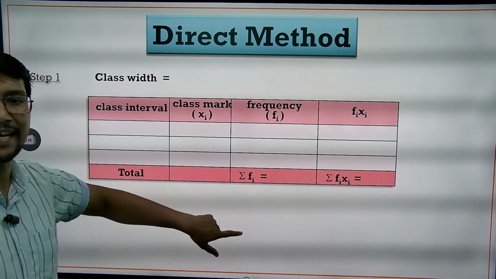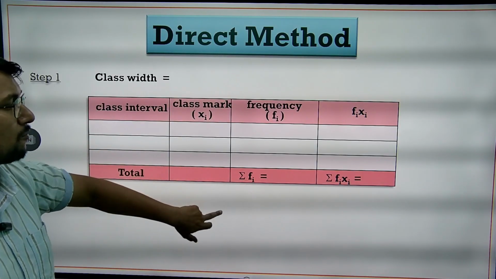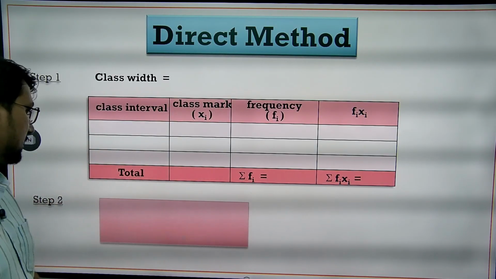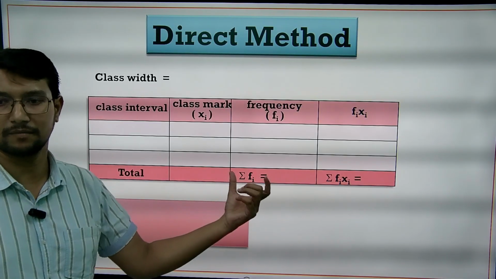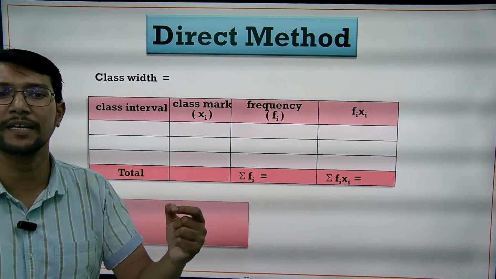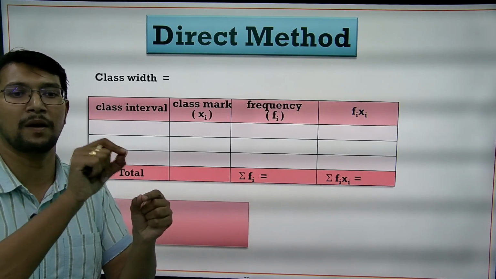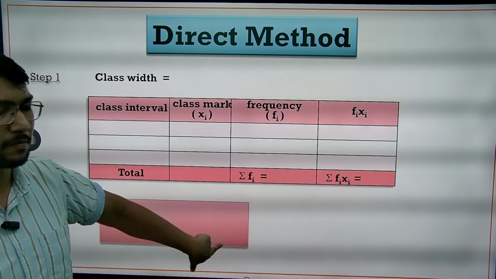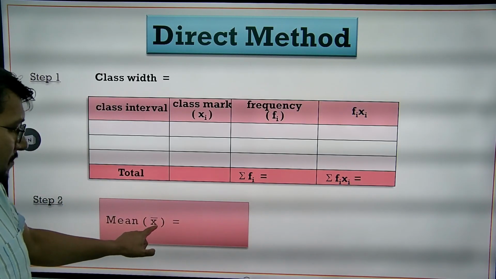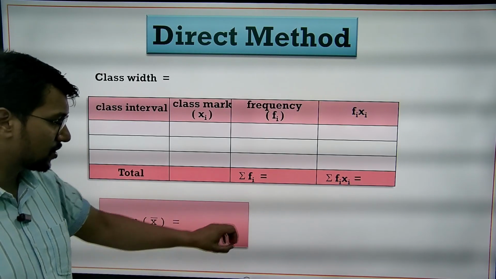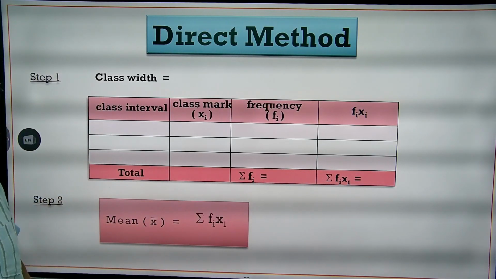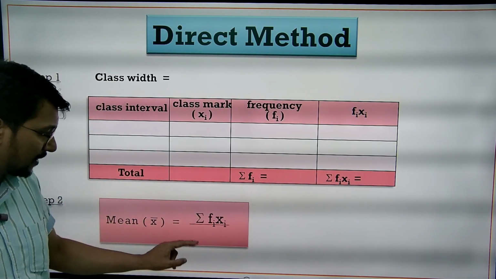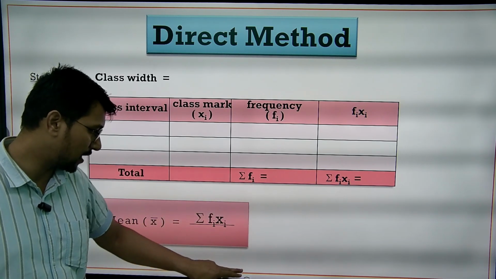Step 2 is directly the formula. What is the direct method formula? Who can say? Step 2, directly, mean. Yes, mean is written with the capital letter X bar. What is mean? X bar is summation fi xi by summation fi, summation fi xi divided by summation fi.